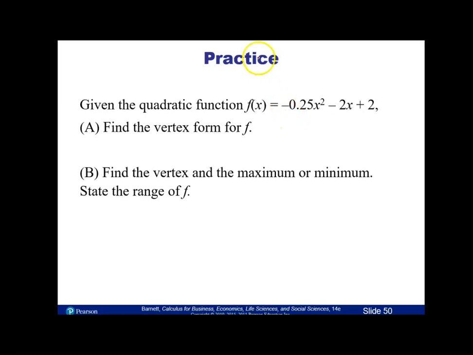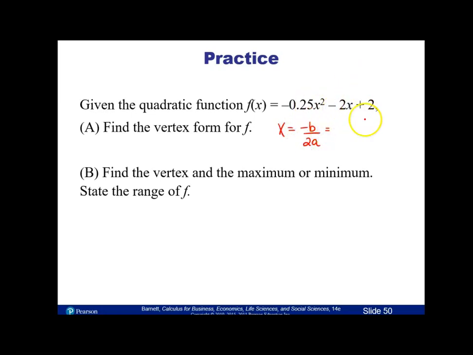Okay, on this one, I would like for you to practice on this. Again, you pause it and see if you can do that. If you want to just listen, I'm going to go through it here. So the vertex form for this one, if I'm looking for the vertex itself, which is really all I'm interested in, not so much the form, x is going to be negative b over 2a.